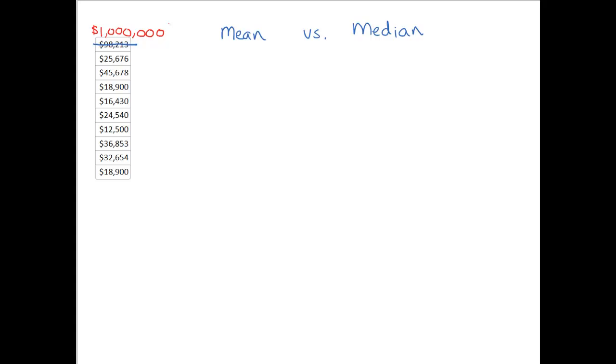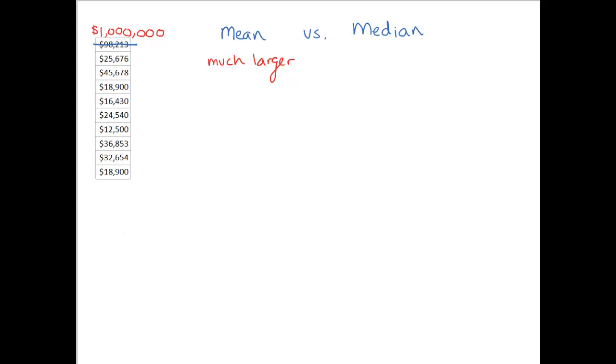So my question is, how would that $1 million affect the mean and the median? Well, with the mean, since we're adding up all of the numbers and dividing by 10, when we throw in this 1 million value, the mean is going to be much larger. However, the median will stay exactly the same. Right?